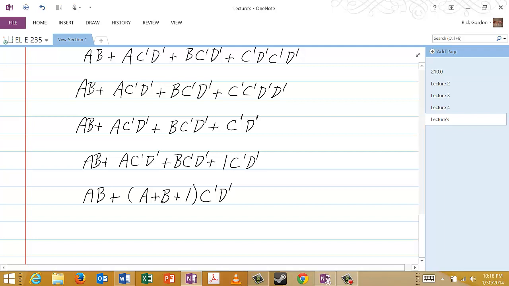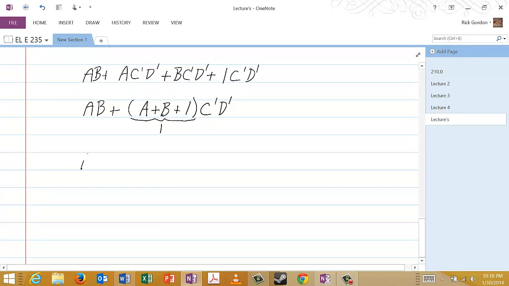And finally here then, once again, 1 ORed with anything is 1 itself. So this is AB, or 1 ANDed with C complement D complement. And of course, 1 ANDed with anything is that thing itself.